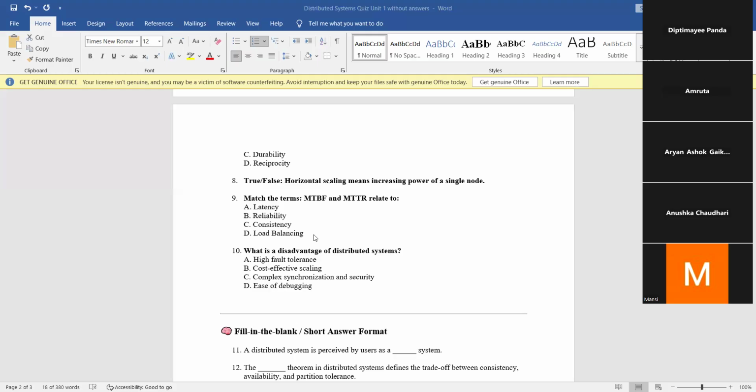Okay. What can you see on the screen? Can you just tell me what you can see on the screen? Dipti Maya, can you tell me what can you see on the screen?